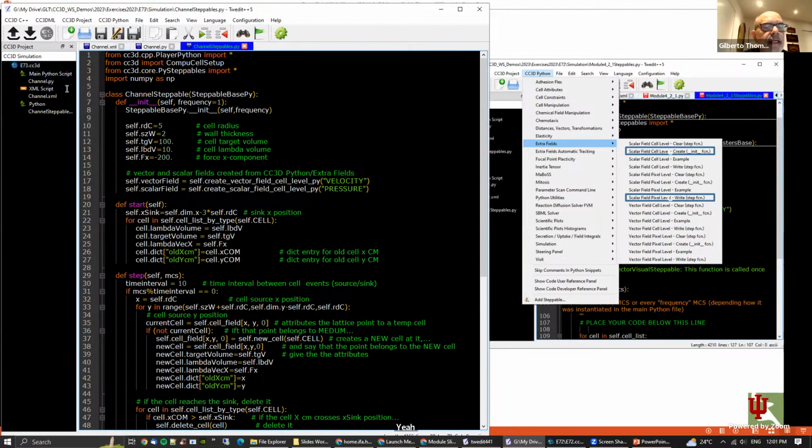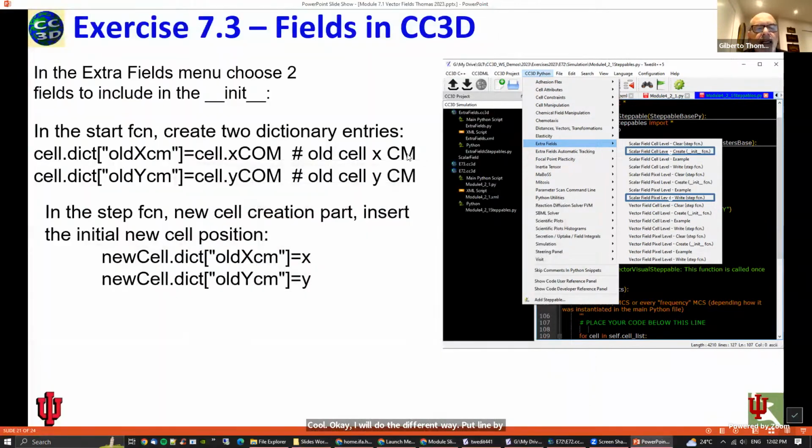Okay. This way I'm not going to use this add steppable tool. I will do it a different way. I will put it line by line. The first thing is I have to include, again, since I'm working with velocity, the position of the cell at 2 different times.